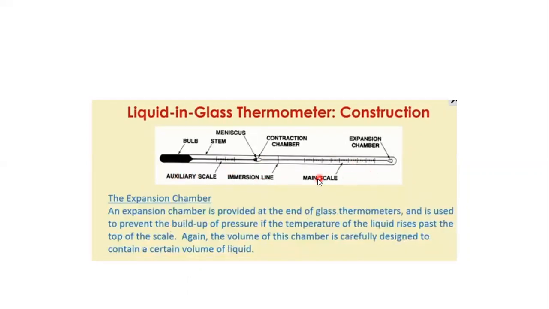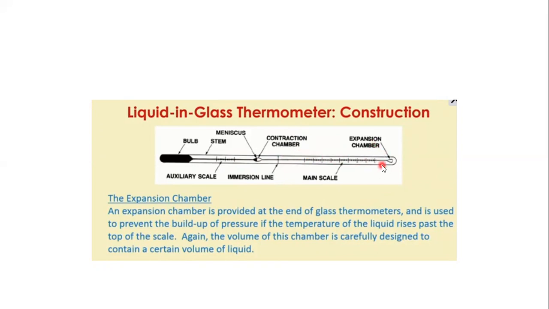So this contraction chamber is usually provided before the main scale area. And there is an expansion chamber at the top of the thermometer. That expansion chamber is provided to protect the thermometer glass tube because when we put this thermometer in a high temperature medium, which it can withstand, the liquid inside this thermometer can expand to the top of the scale.